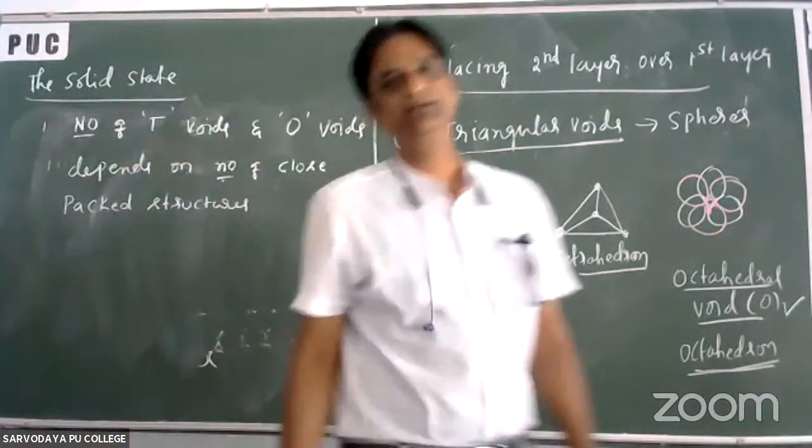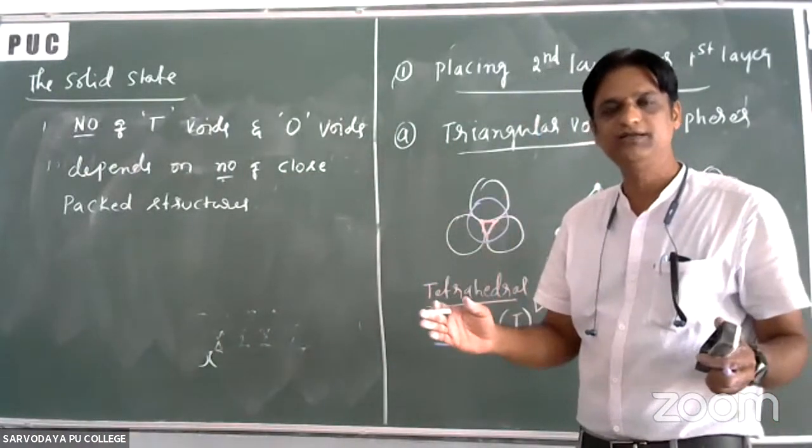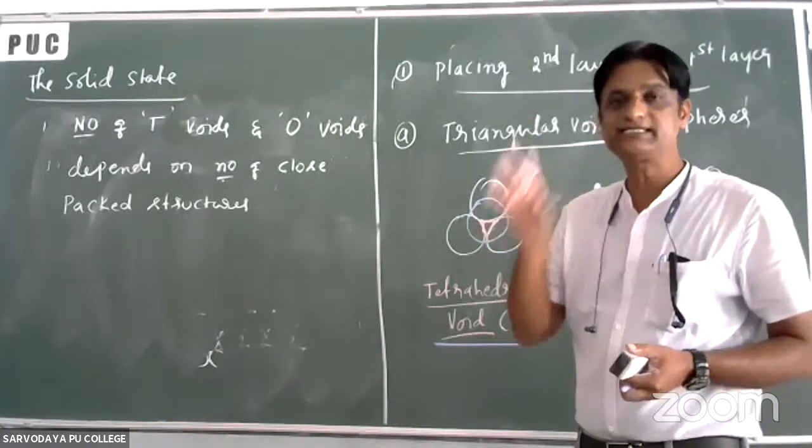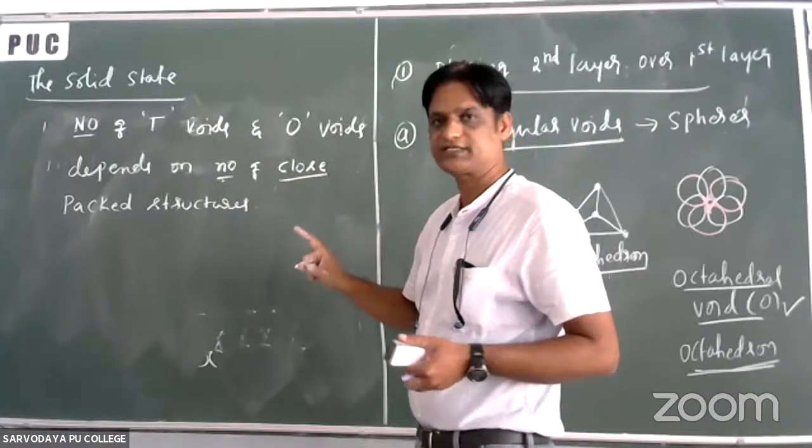So how many tetrahedral voids and how many octahedral voids will be formed when a crystal lattice is generated? That depends on the number of close packed structures.